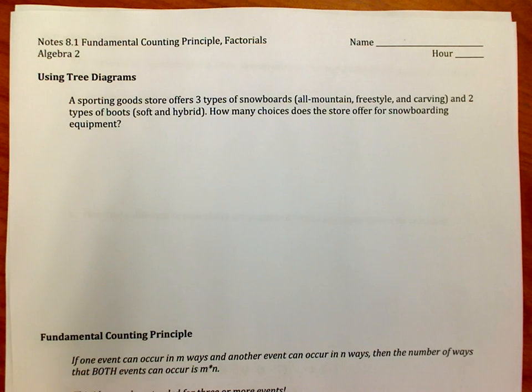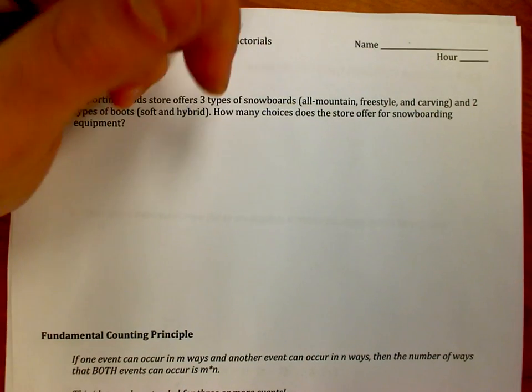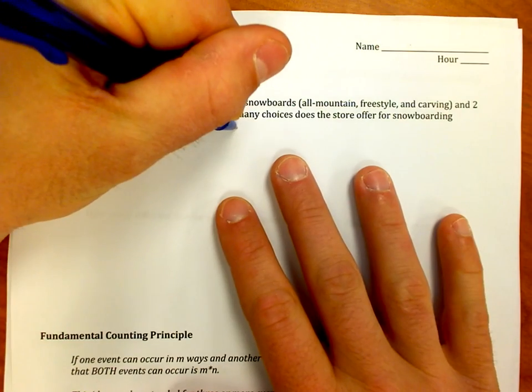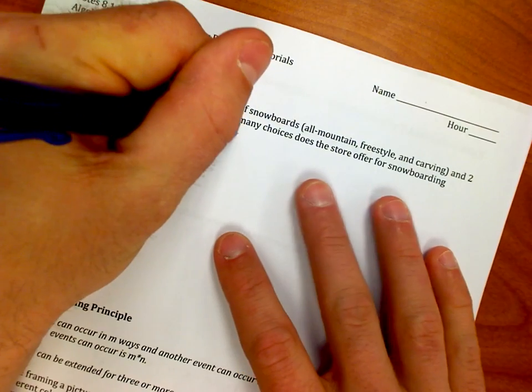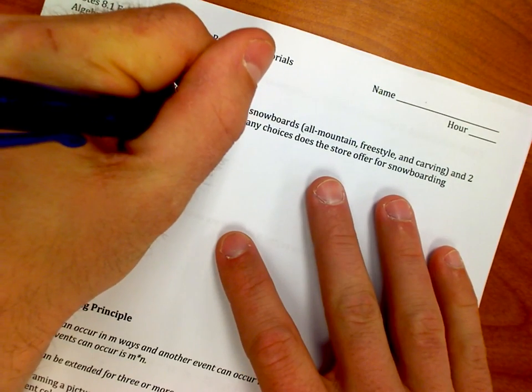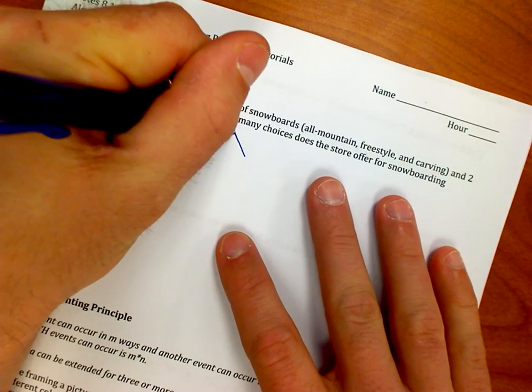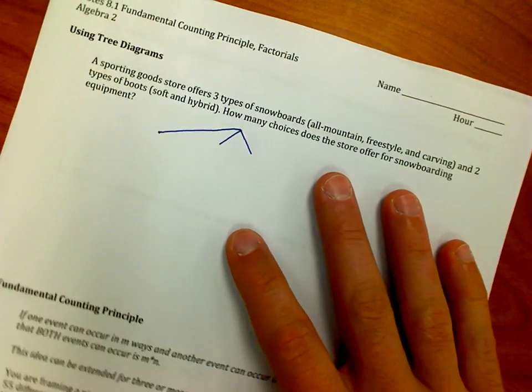One of the basic ways, when you only have 3 types of one and 2 types of the other, one of the easiest ways to do this is just to build a tree diagram. And so it might look something like this. Here's you at the very top, and let's first split off and talk about the 3 separate types of snowboards that you possibly have.